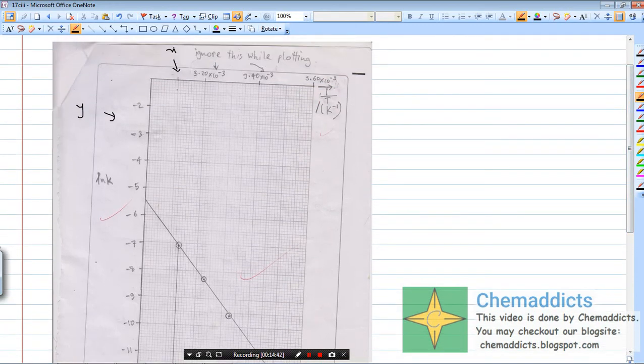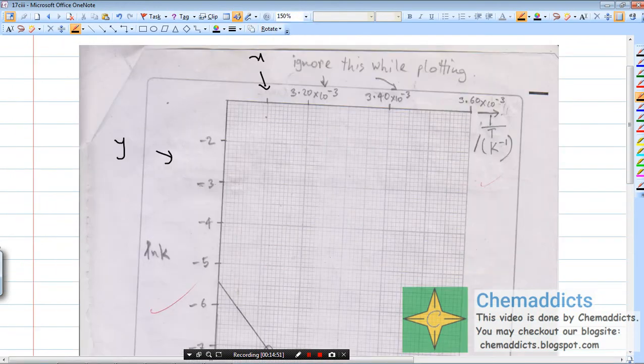Now let us see how we should do the scaling. At first, let us look at the scaling on the x-axis.